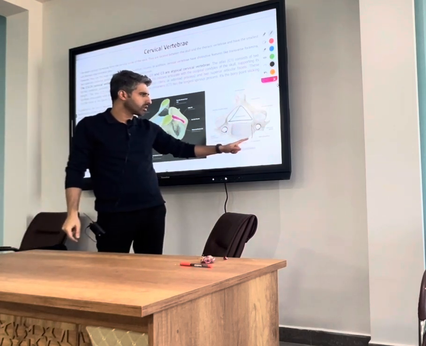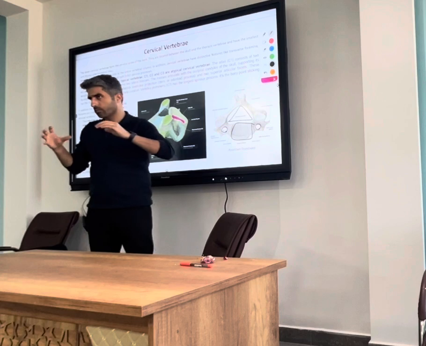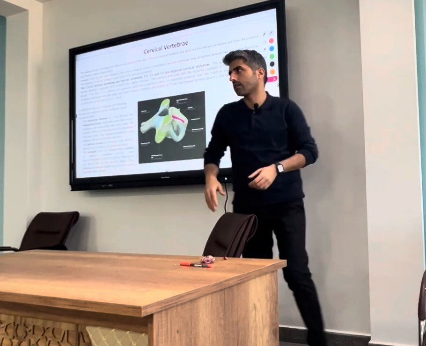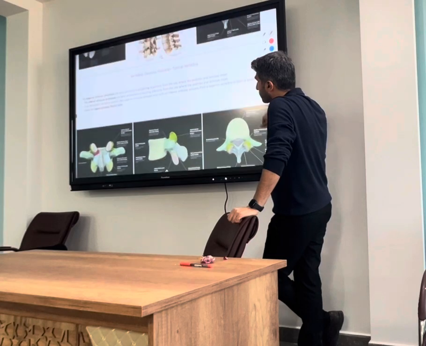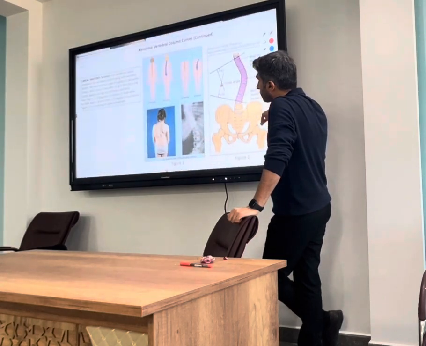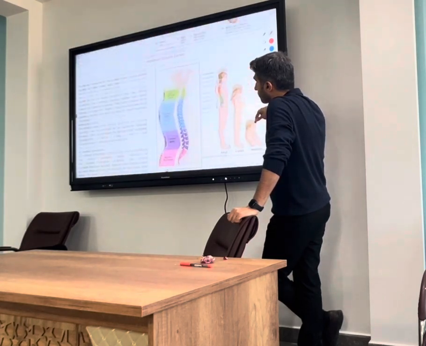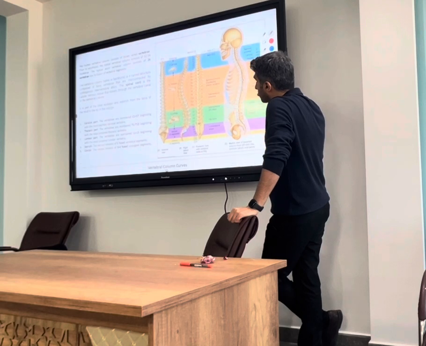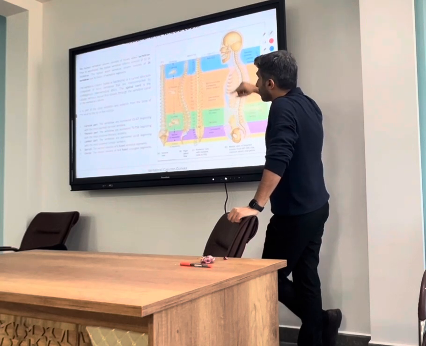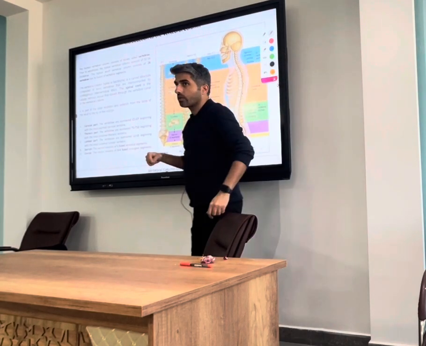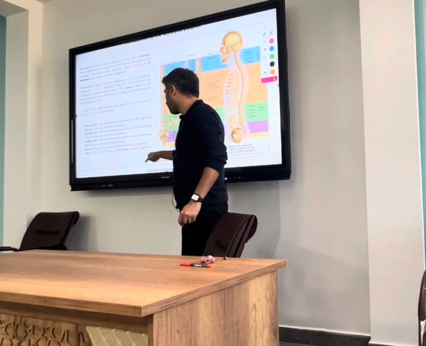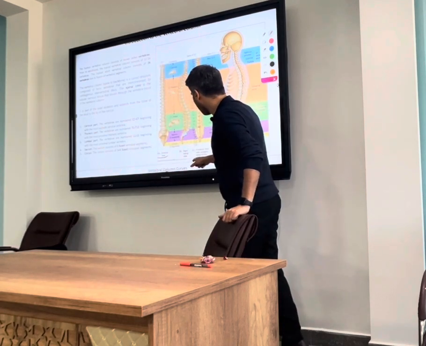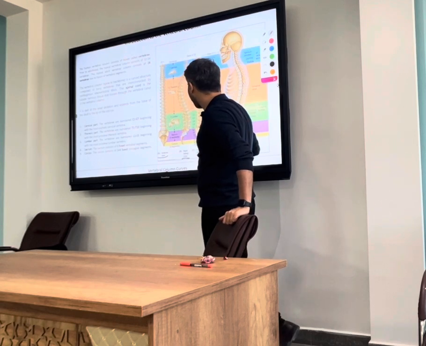The body is normal, but it's very small. Look here at the body of the vertebra. This is the anterior view, lateral view, and posterior view.